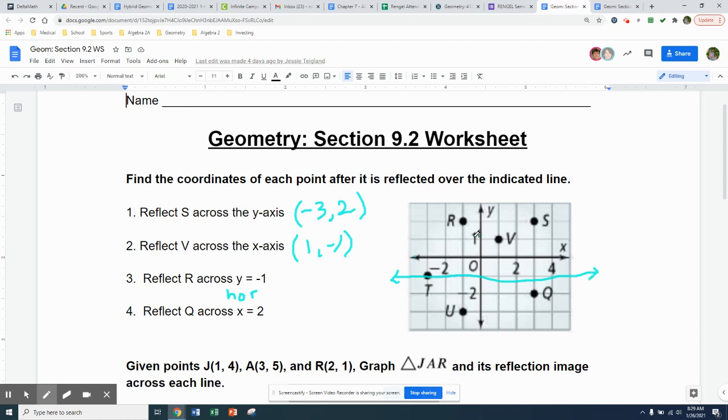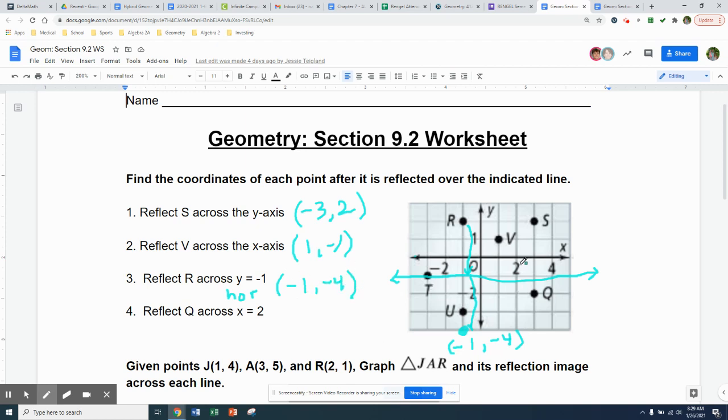And then I want to reflect R. So I count how far R is away. R is 1, 2, 3 units away. So I'm going to reflect it 3 units away. So that's going to be right there. So my R then becomes the coordinate -1, -4. And there would be my coordinates of my new image point, -1, -4.